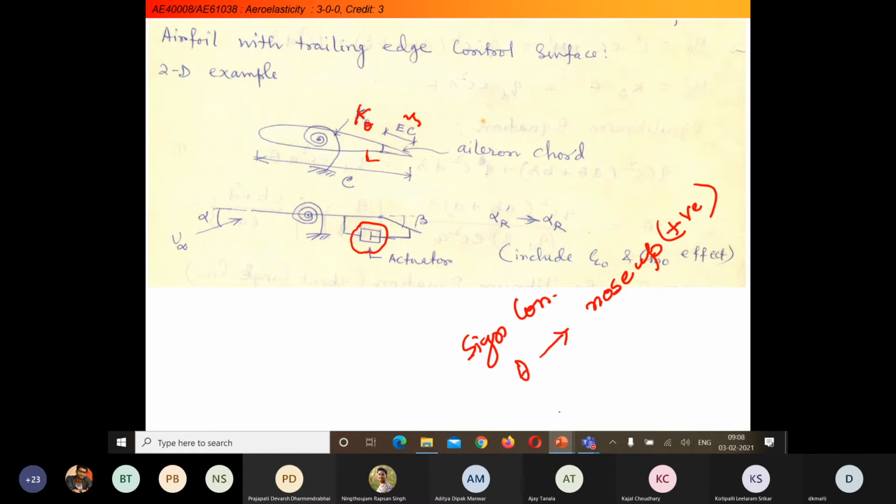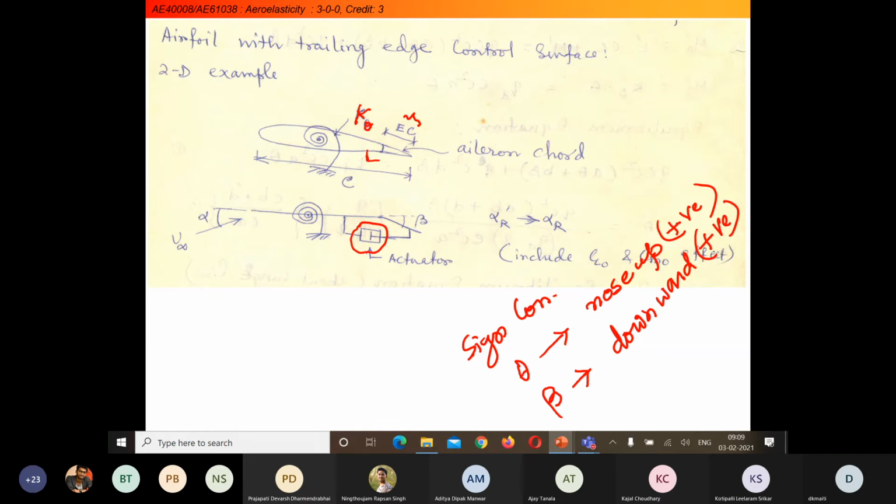Whereas for beta, which is the control surface deflection, downward is positive.